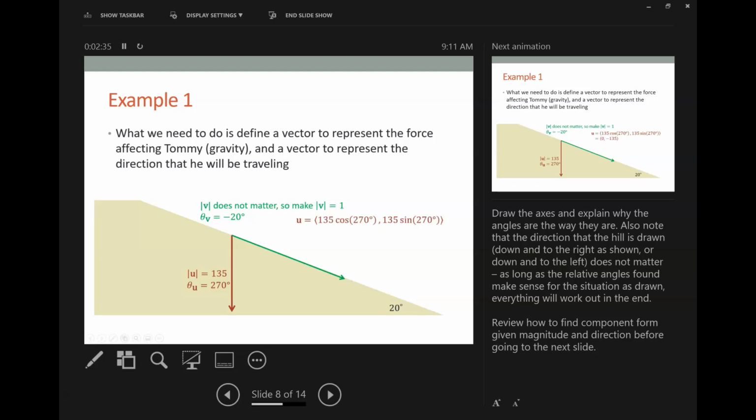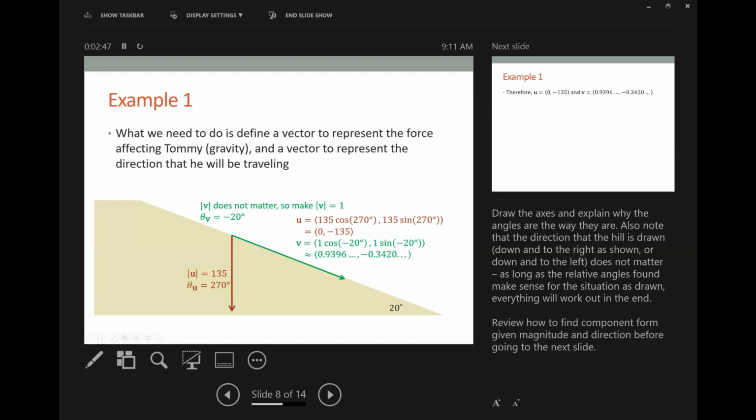So I'll resolve the vector u, the Tommy vector, into a component form, and then do the same thing for my vector v. And now, with what we've just pointed out to ourselves, what's the shortcut available here?